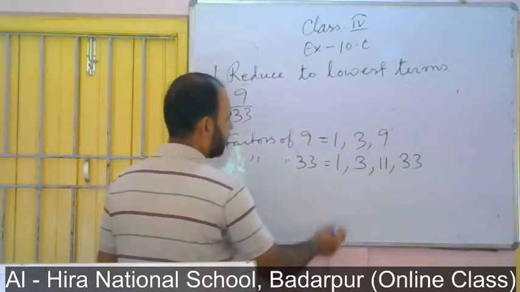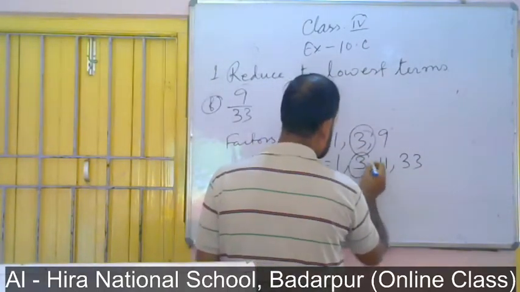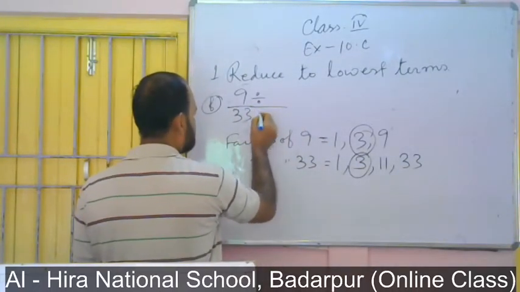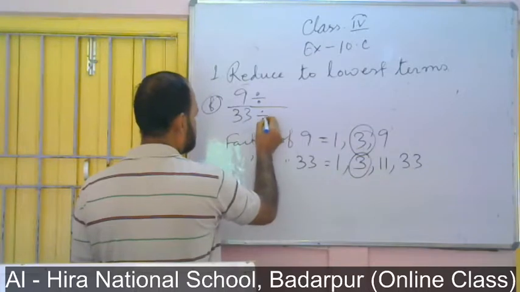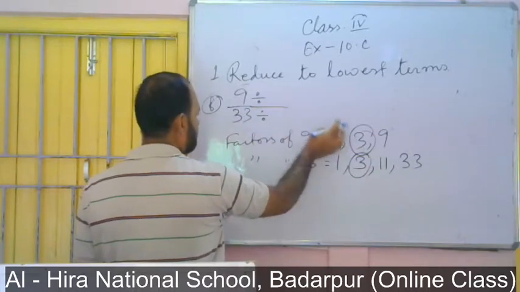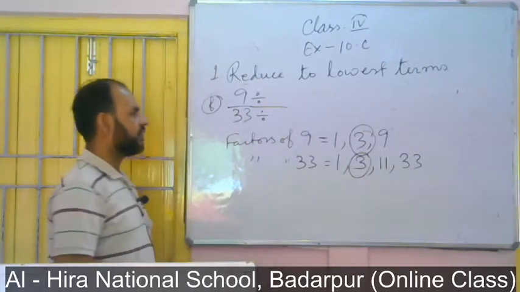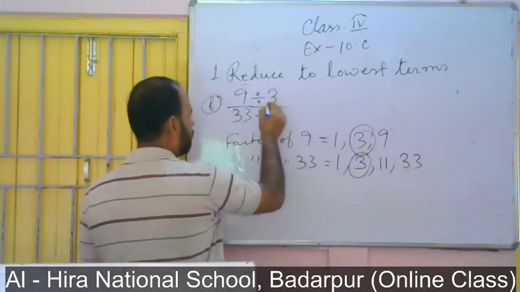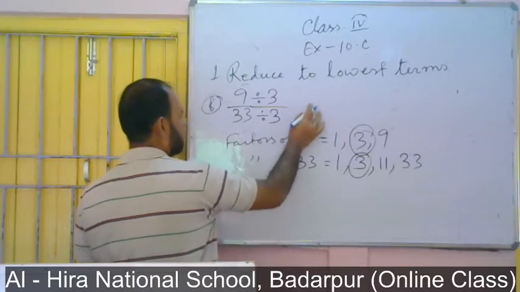Now the common factor is 3. We divide by 3 both numerator and denominator.